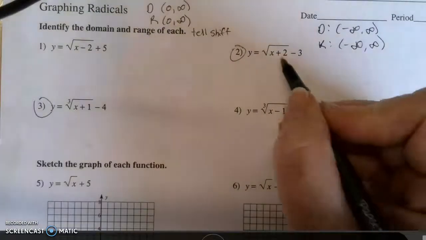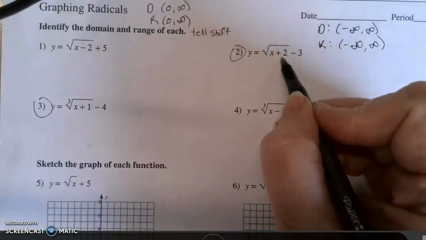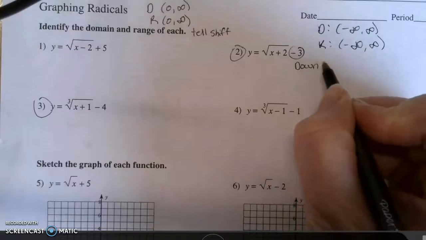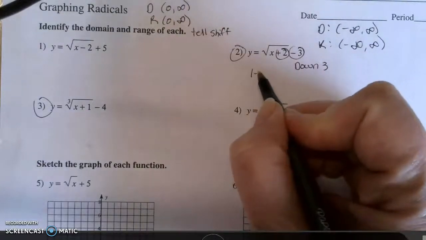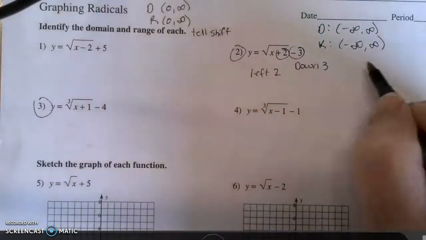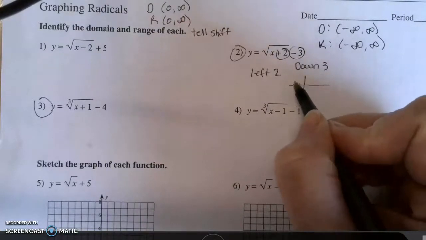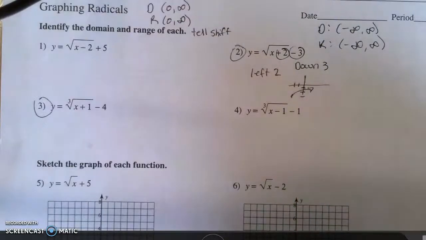Okay, so this is a square root function, so it's got to be positive. This says it's going to shift down 3. And this says it's going to be left 2. So if I were sketching it, it would be left 2, down 3, and then it goes from there.